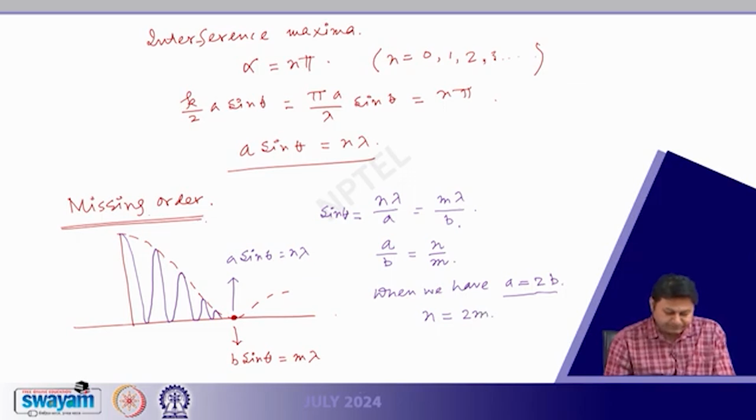That means n defines the maxima for the interference. So, n equal to 2, 4, 6, these maxima orders due to this interference will no longer be there. So, these are the missing orders.